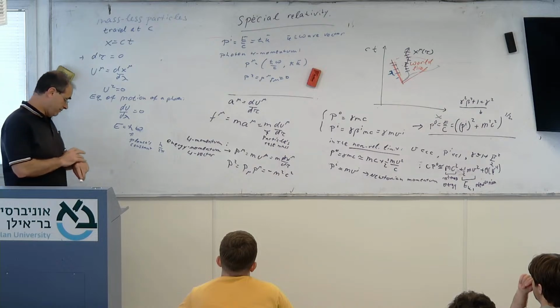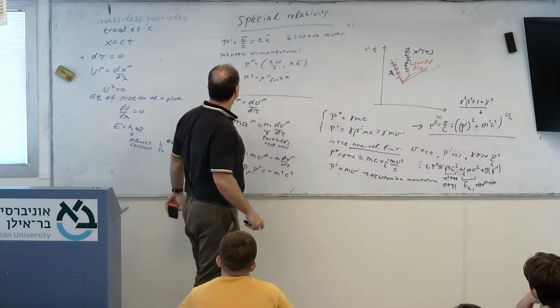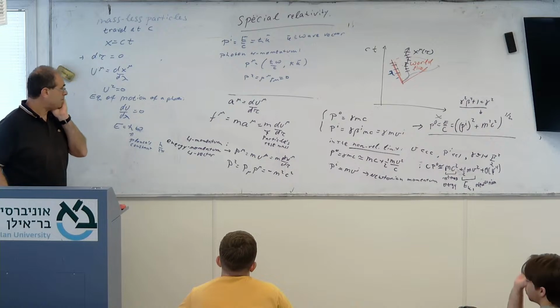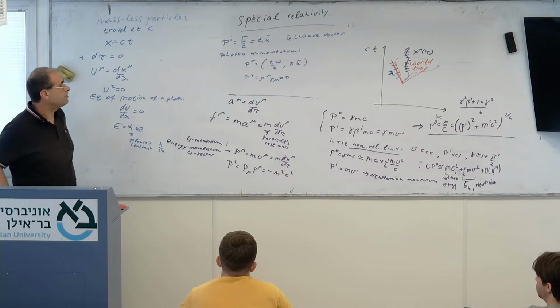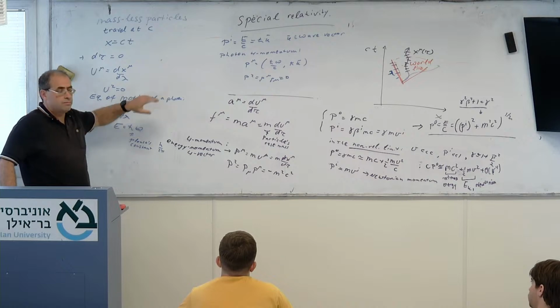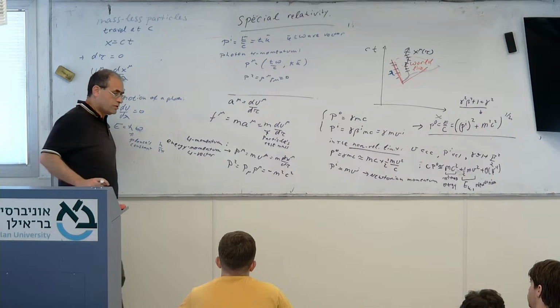Okay, we cannot yet leave special relativity. There is one more thing we need to do before we can leave it, something you did not see before. So this was about single particles, but life is not always so simple.